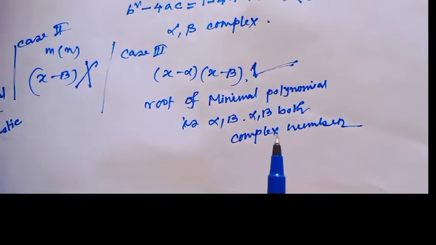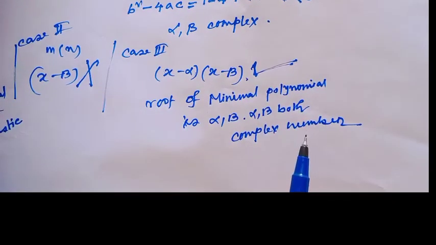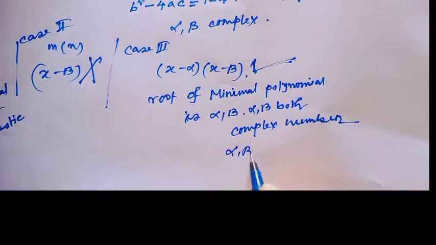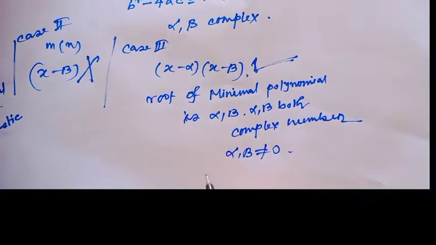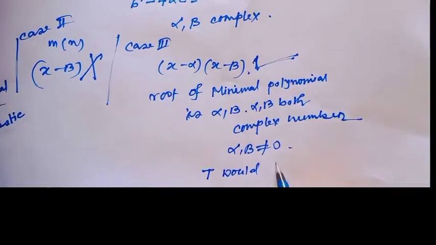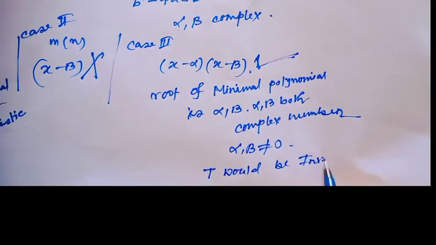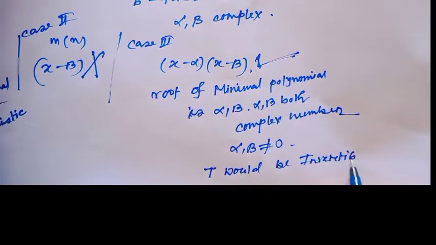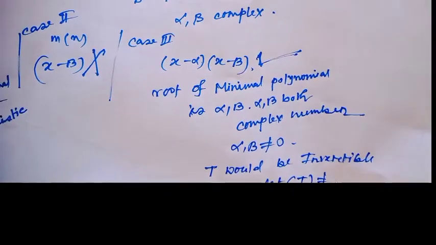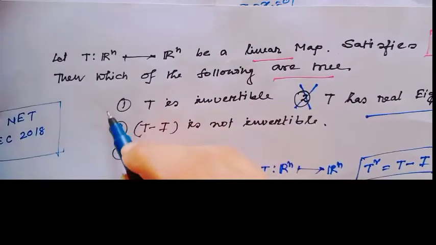But since alpha and beta are roots of the characteristic polynomial which are non-zero, obviously T would be invertible, because the determinant of T would not be equal to 0. That means option 1 is also a right option.